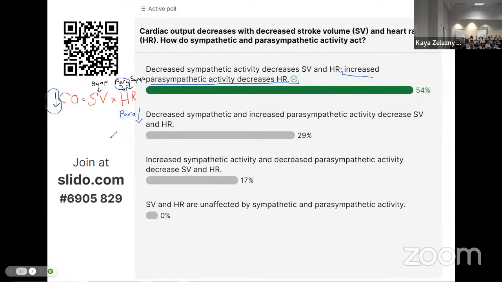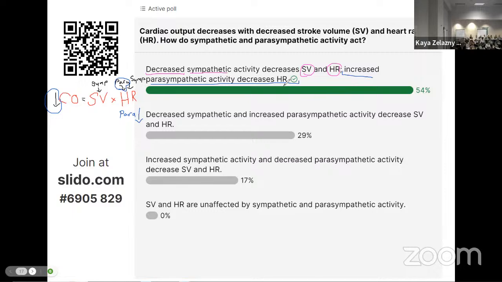Increases in sympathetic activity would increase stroke volume and heart rate and therefore increase cardiac output. So the reverse is also true. If we see a decrease in sympathetic activity, that decreases both stroke volume and the heart rate. So this gives us the sum total of everything happening together in this situation.